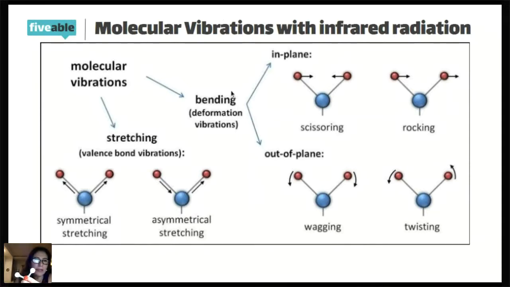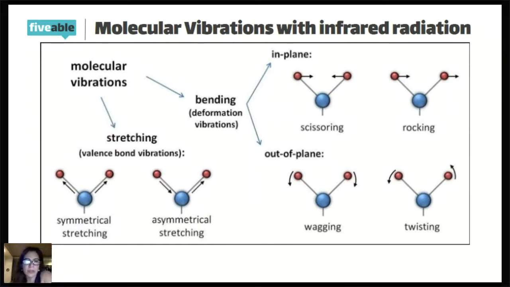And then it could be bending by doing this, or rocking, both of them on the same side. And then it could be wagging or twisting. So it will affect the matter differently than just the rotations that we have with the microwave.